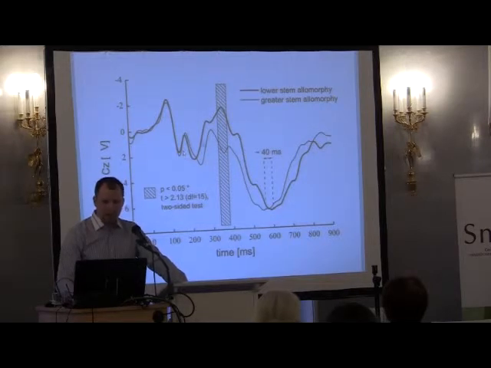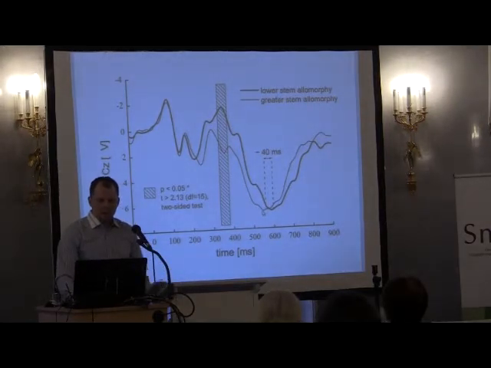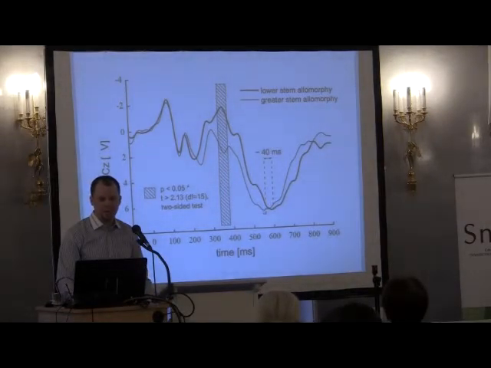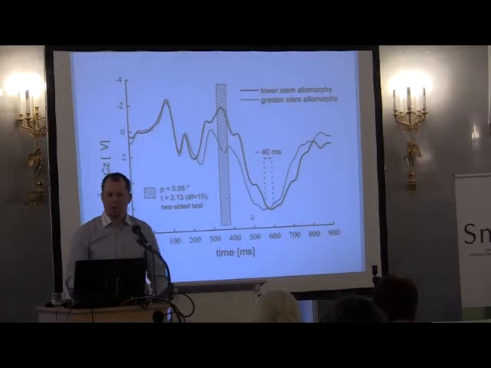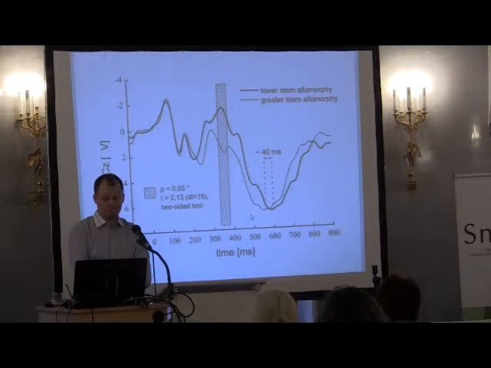So here you can see two things. First of all, we can see shorter latencies in the late positive component for words with greater stem allomorphy. So behaviorally, subjects recognize words with greater stem allomorphy faster than words with lower stem allomorphy.